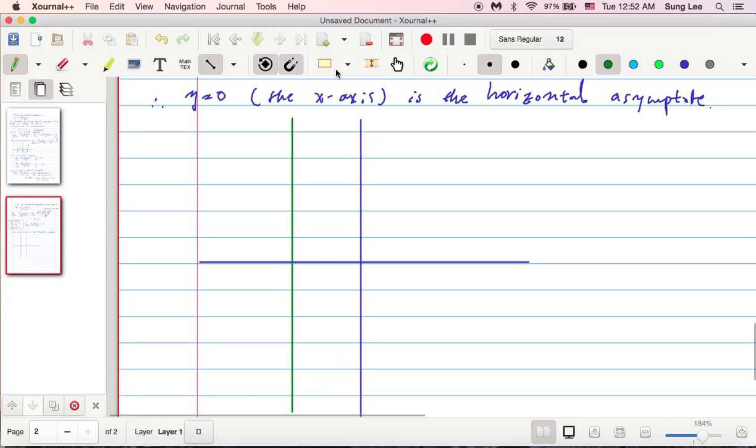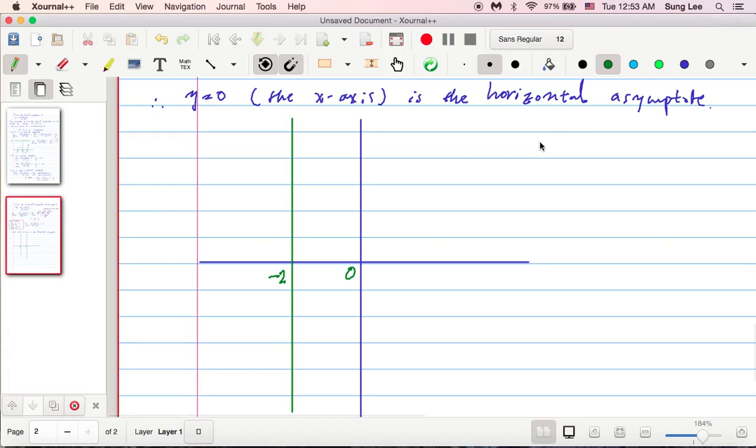This is -2, this is 0, and also the x-axis is the horizontal asymptote. And we have two vertical asymptotes.